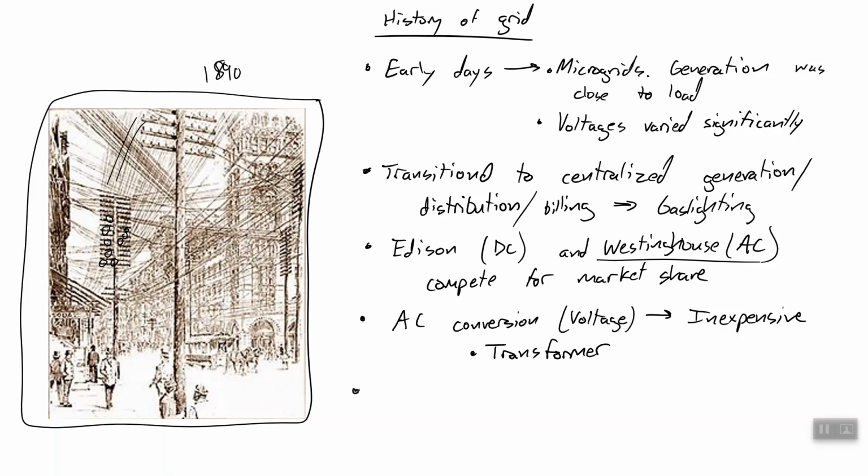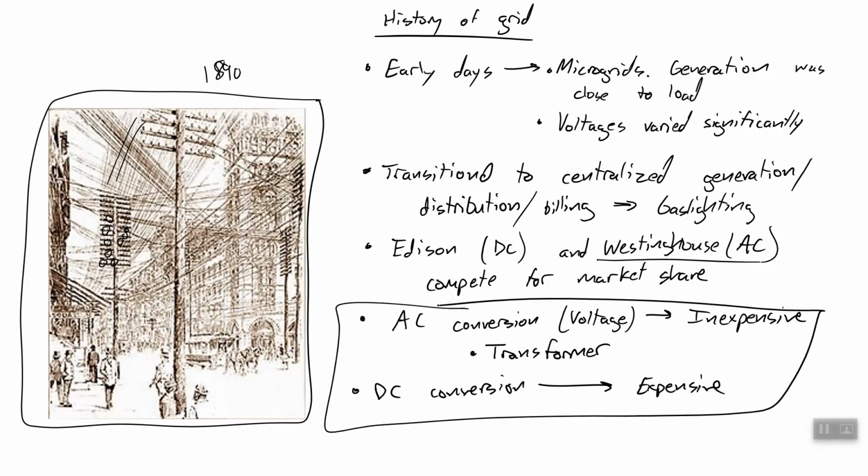However, for DC, converting different voltages is actually fairly expensive because it takes more sophisticated equipment. It's really this reason right here that Westinghouse won the battle, because alternating current is easier to convert to different voltages, which is really what they needed in the early days, since all these different items use different voltages.